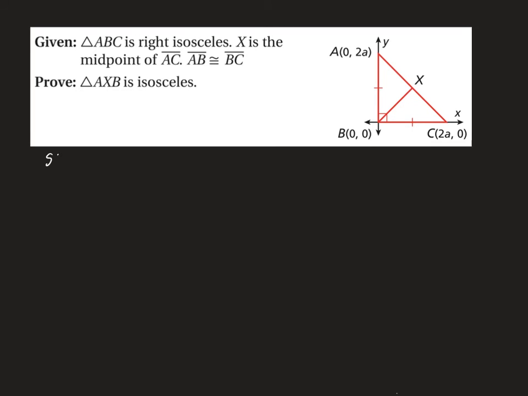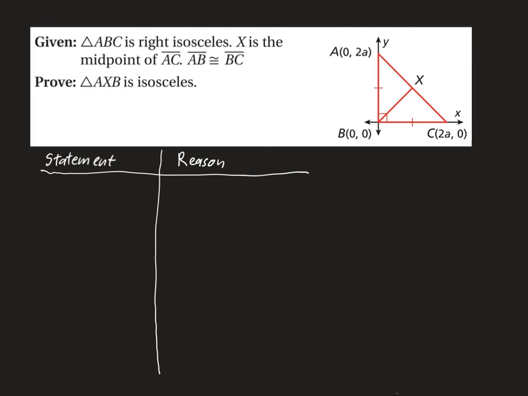So I'm going to use a 2-column proof to help me prove this. So I'm going to set it up by writing statement and reason. And I'm first just going to write down those 3 things that they give us, they're each given. So the first one is that triangle ABC is a right isosceles triangle.